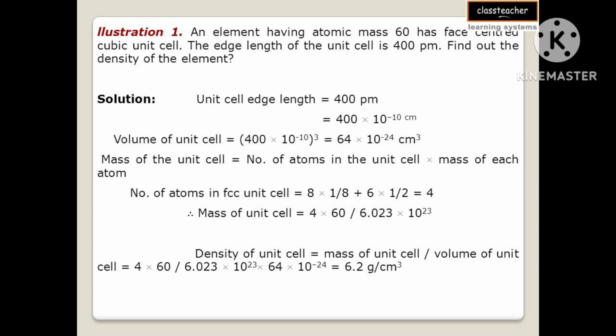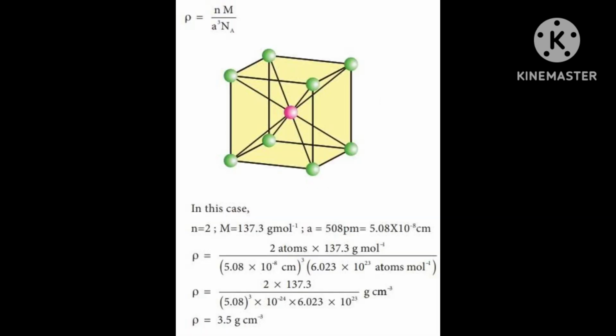Density of the element is given, 7.2 gram per cc, which means for 1 cc it is 7.2 gram. Here you want to know the volume, and the mass is given, 208, and density is given.